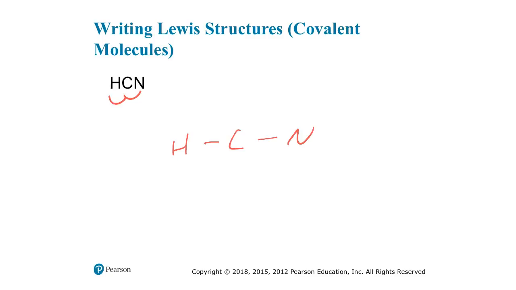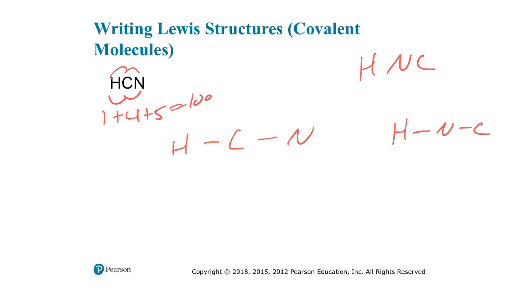That's why we give the compounds in this way, HCN. If we said HNC, then it would be H, N, then C. If we need to work out how many bonds we're going to have, double or triple, and where our lone pairs are, we have to count. 1 plus 4 plus 5, 10 electrons. The isomer of this compound would have 10 valence electrons as well.